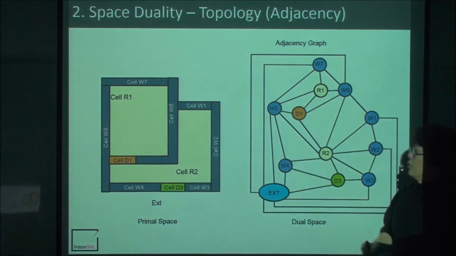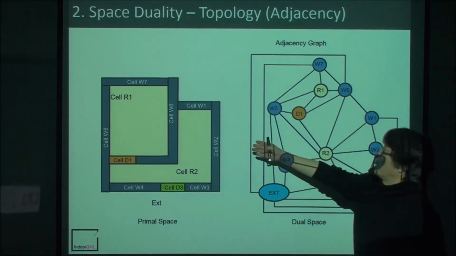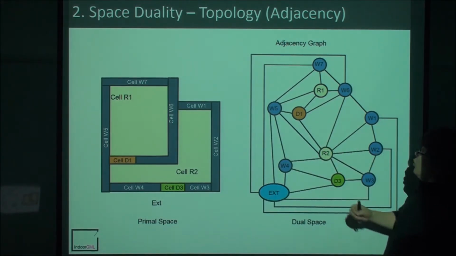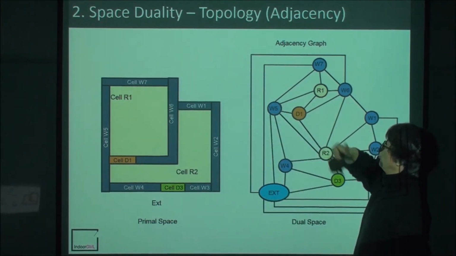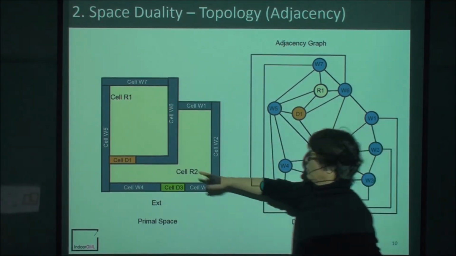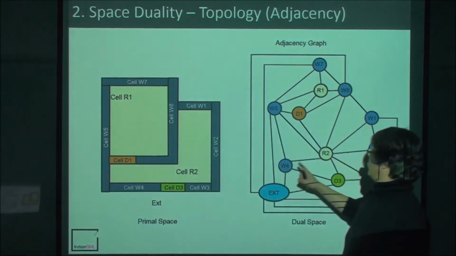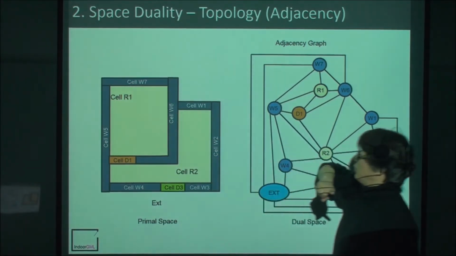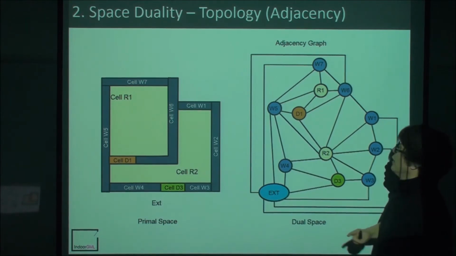So from this topographic space or primal space, we can derive a dual space where each cell is mapped to a node. R1 is mapped to node R1 and D1 is mapped to node D1, and even the W6, the wall space, is also mapped to a node W6.